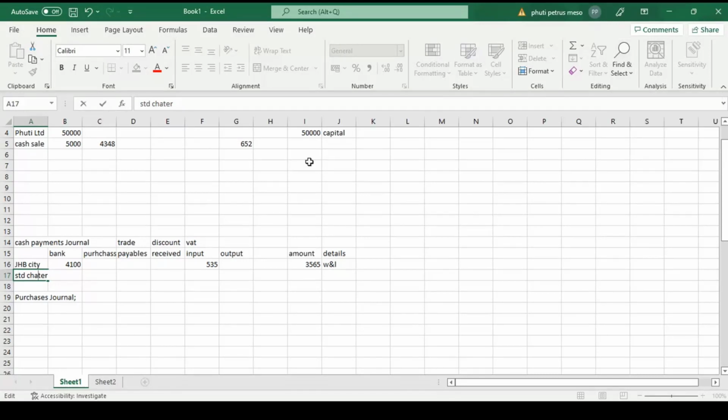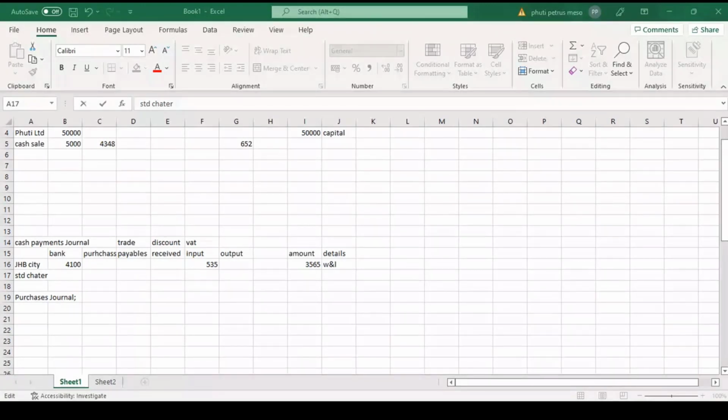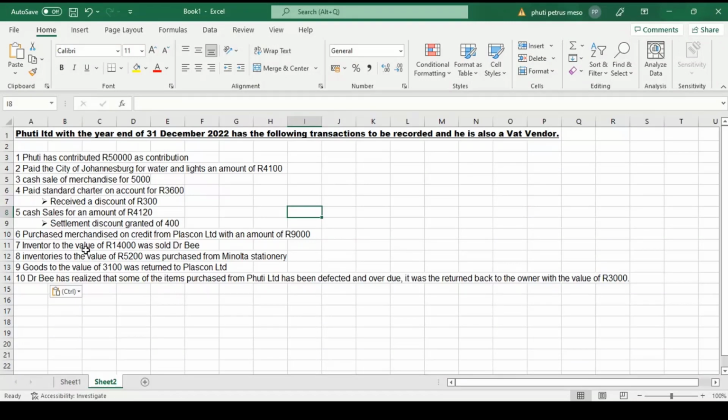You say 4,000 under bank? Is it 4,000? I can't see the question. Is it 4,500 or 4,000? It's 600 rand. My apologies. Is it 4.1 or 4.5? It's 3,600 rand. My apologies. I think I made a mistake there.